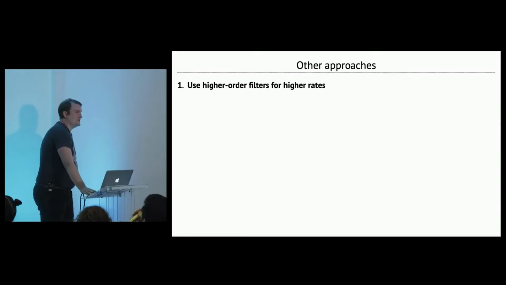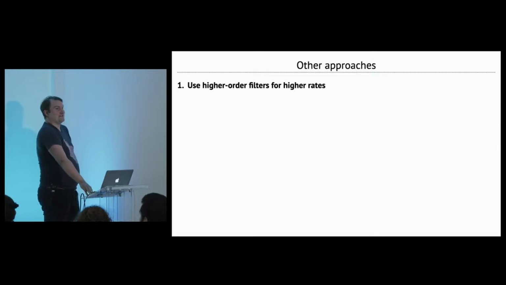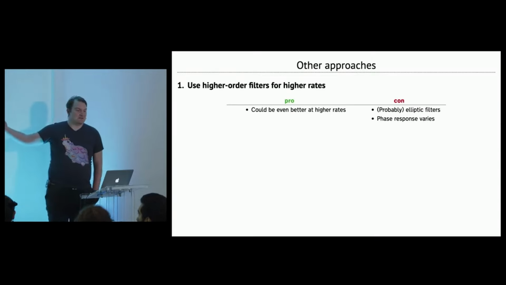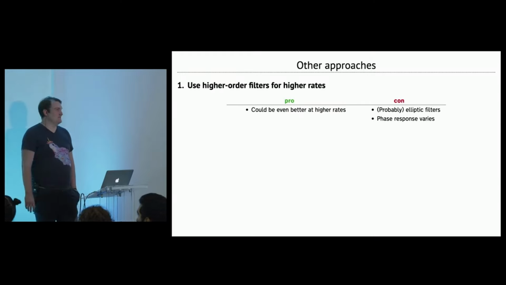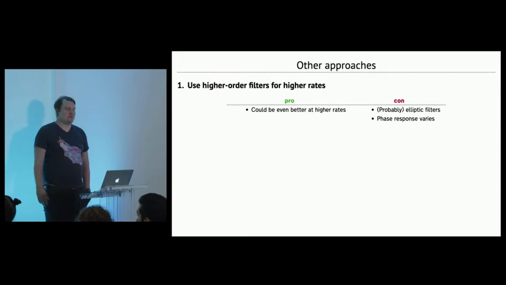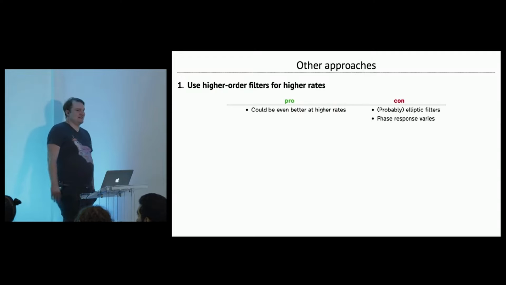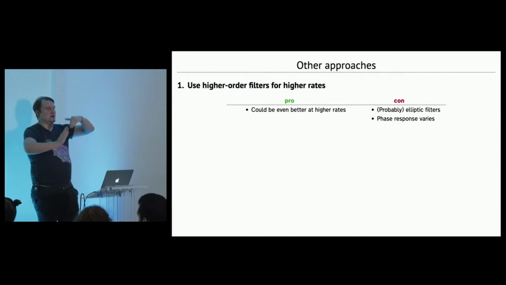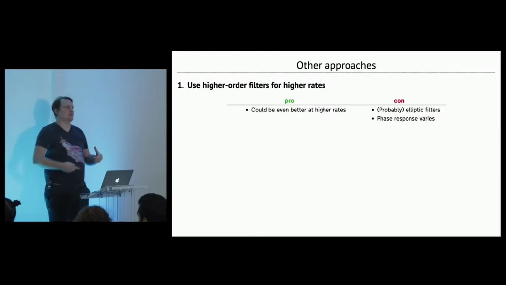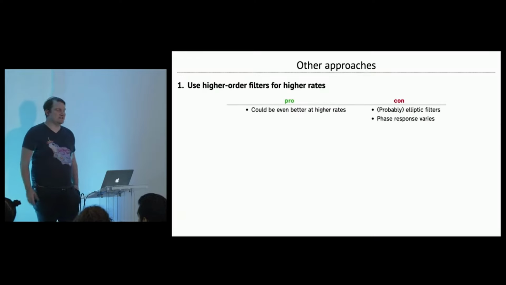Well, one solution is to use better filters as the sample rate goes up. That would work, and depending how you scale your order with your input sample rates, maybe it gets better in the way that people expect. The downside is you probably want elliptic filters because they've got that really good, sharp cutoff compromise between order and CPU and various other properties.